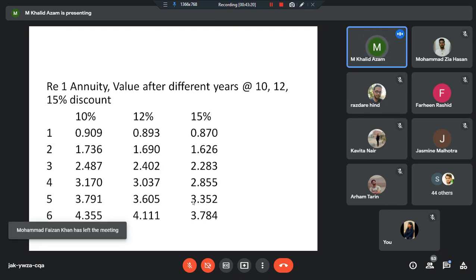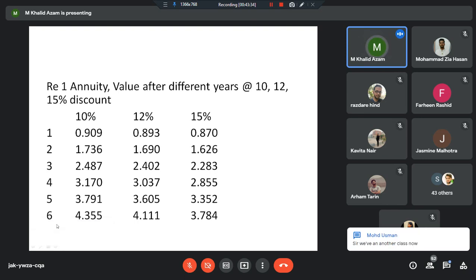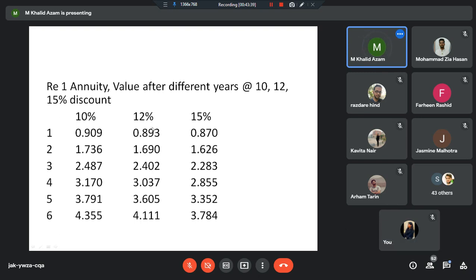So 5 rupees you have got, but its value is only 3.352. In the sixth year, you can check it, it is only 3.784. So 6 rupees you have received, but in value terms, it is only 3.784. So this table is simply showing you the same relationship which we have already discussed in plain simple discounting: when you increase the rate, the value is going to reduce.